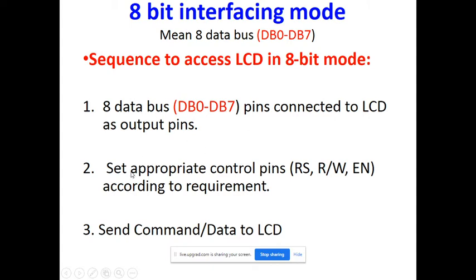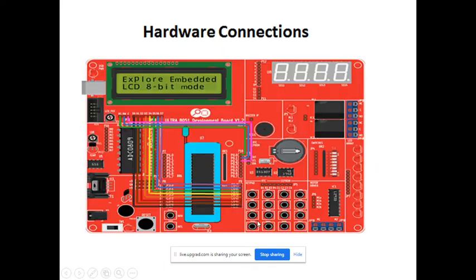Then you select the proper control signals, that is nothing but RS, RW and enable, and then send data or command to the LCD. Now this is the hardware connection. Here 8 data pins are there and 3 handshaking pins are shown. First one is RS, second one is RW, and third one is enable, and 8 data pins, that is D0 to D7.